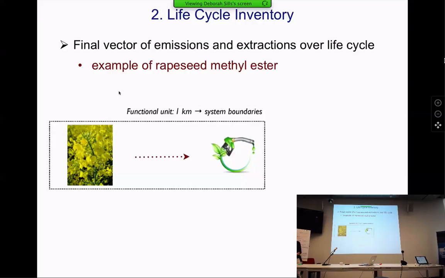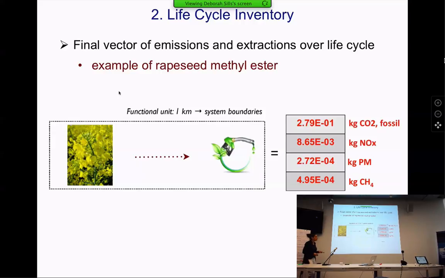If we look at an example of biodiesel from rapeseed oil, from a rapeseed plant, what you'll end up with, and this is per 1 kilometer traveled, is this big list. Here I'm only showing 4 items from this list. And this is your inventory. Your inventory are the items that are emitted or taken out of the environment into what we call the technosphere, into your processes.